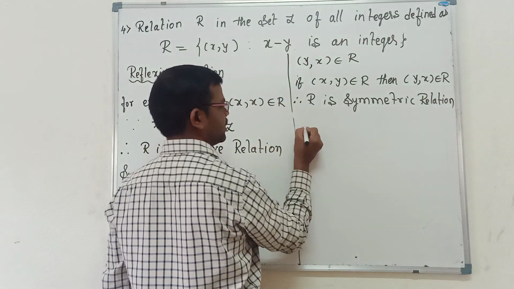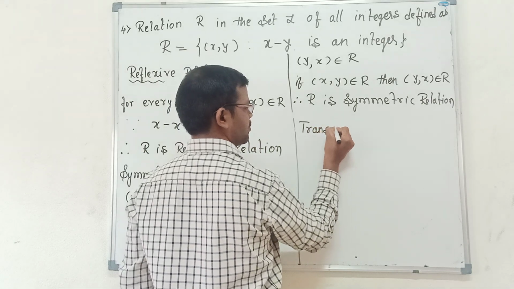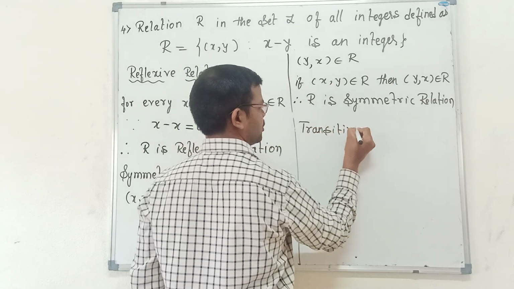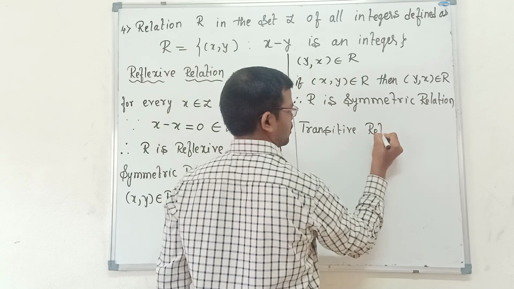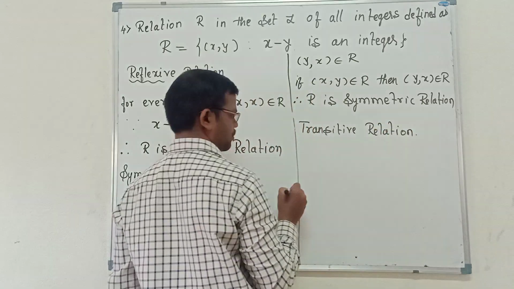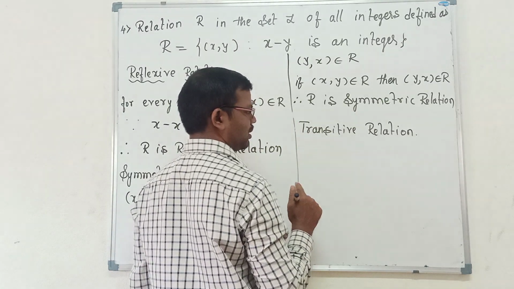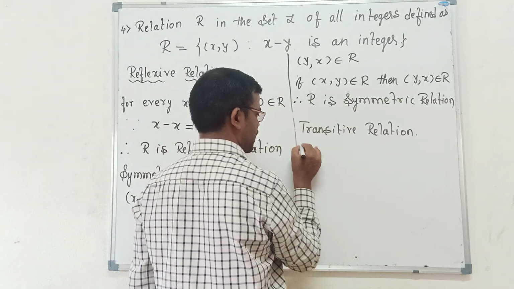Next we come to the transitive relation. In the transitive relation, we need two pairs.